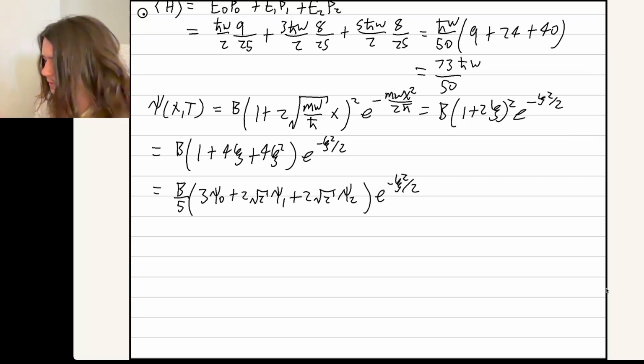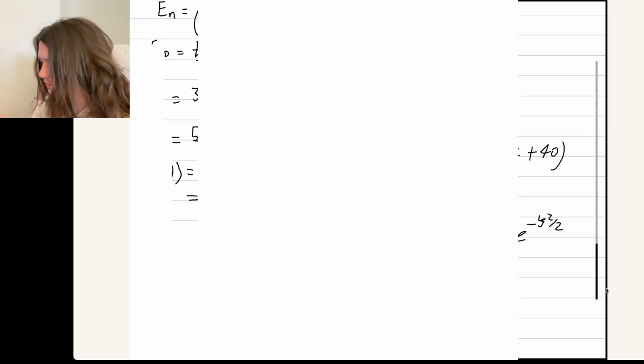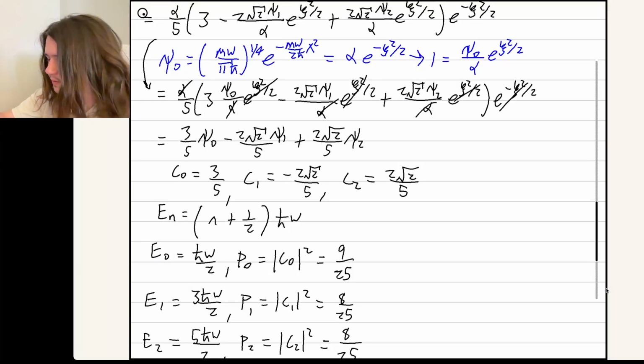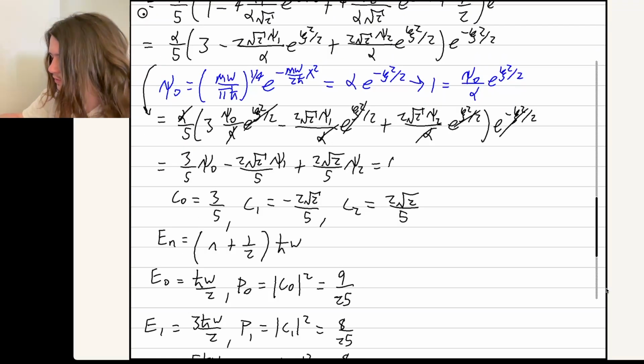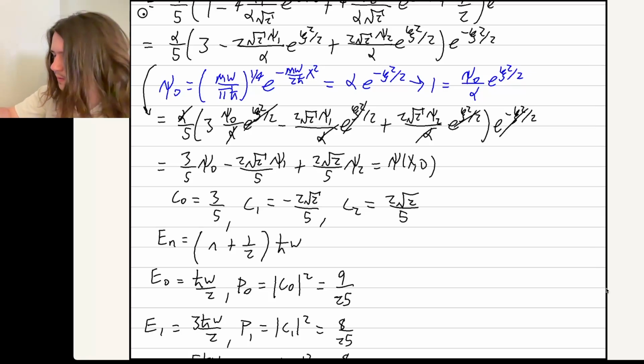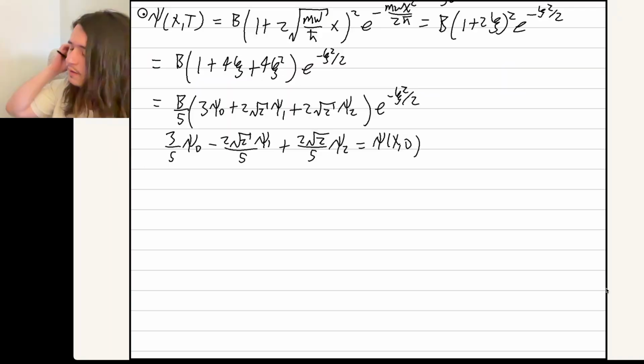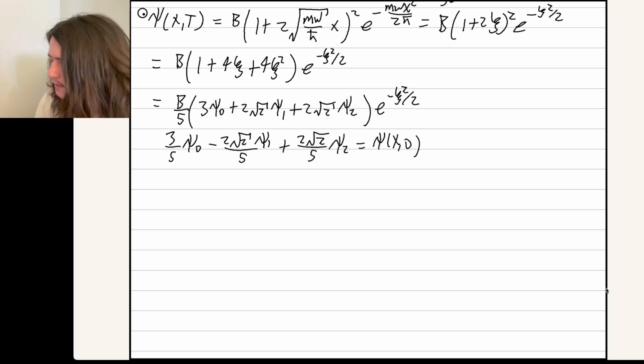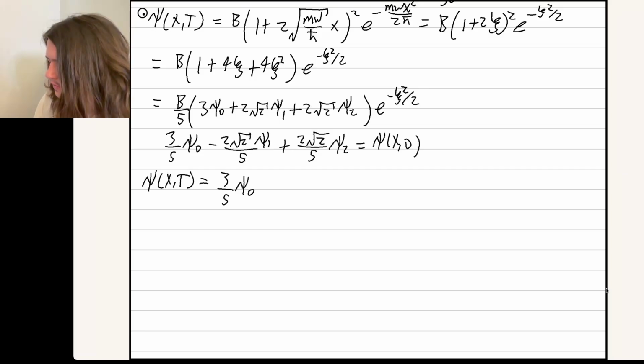What we need to do is take our result for the initial wave function, and I'm going to steal it from up here. And then we know that the time-dependent version of that is just going to be attaching some time propagation pieces to each.